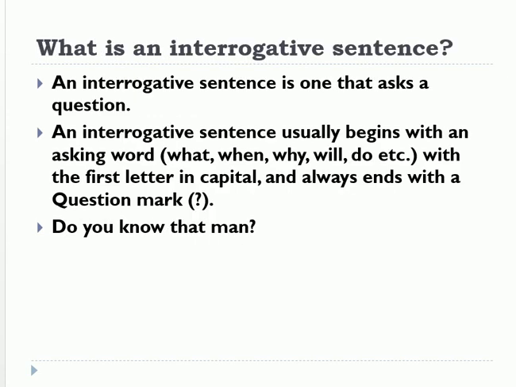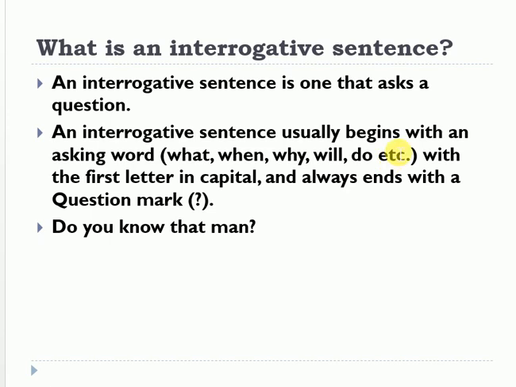Next, the type is the interrogative sentence, and that's a very familiar one. Everybody is familiar that whenever we state a question, we use the interrogative formation for stating a question. An interrogative sentence usually begins with an asking word like what, when, why, will, do, etc. What, when, why are the direct question words, whereas will, do, are, am, is, has, have are the auxiliaries.